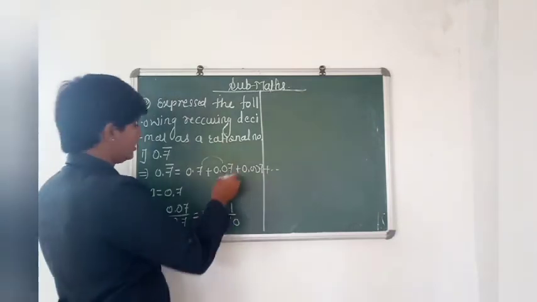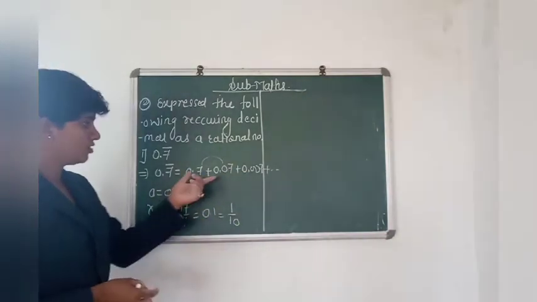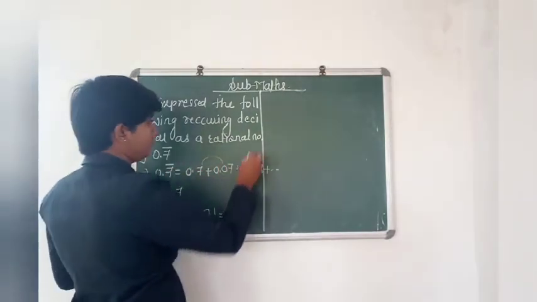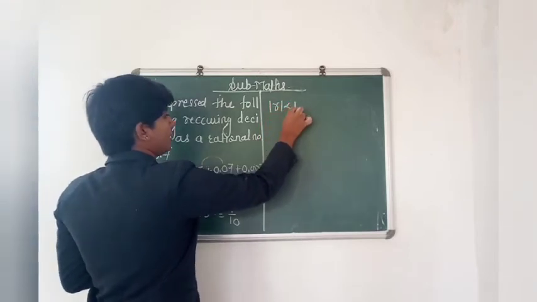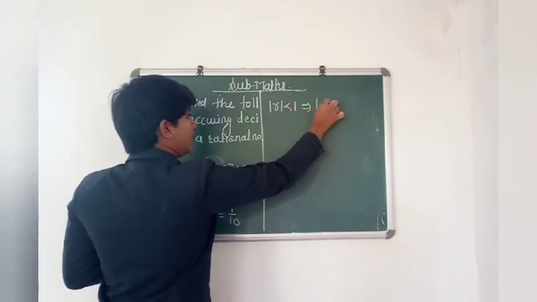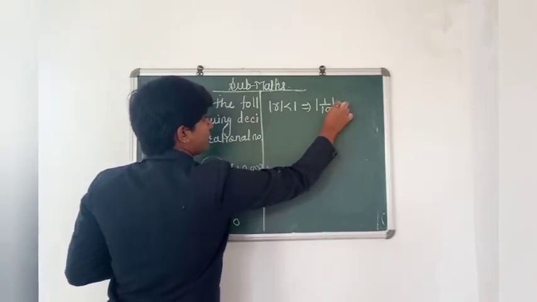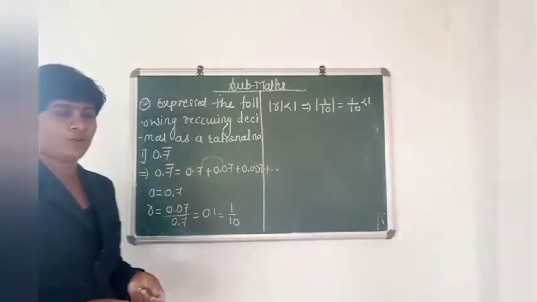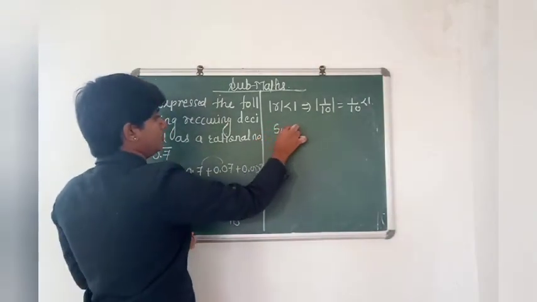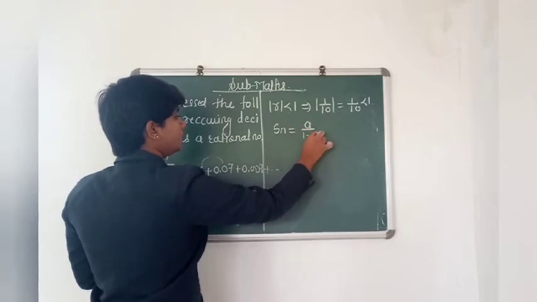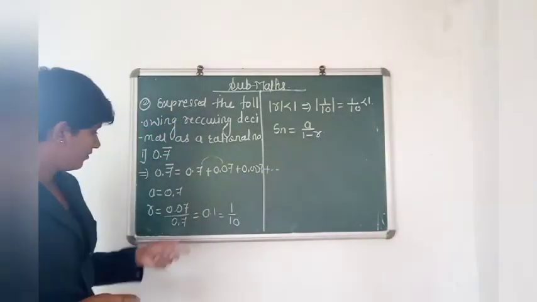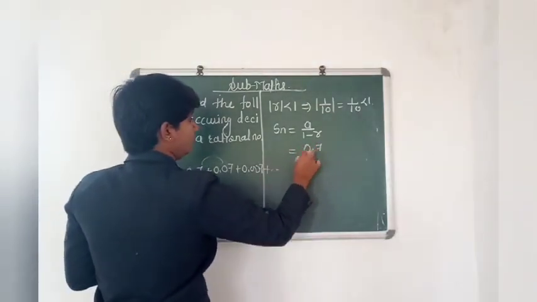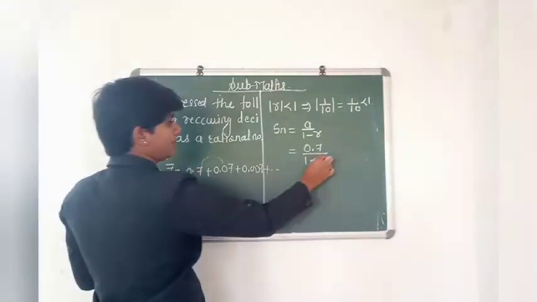The sum of infinite terms of the geometric progression exists only when mod r is less than 1. After substituting, mod r is 1 by 10, which is obviously less than 1, and hence S infinity is equal to a upon 1 minus r. Substitute the value of a, the first term, which is 0.7, upon 1 minus r, where r is 1 by 10.